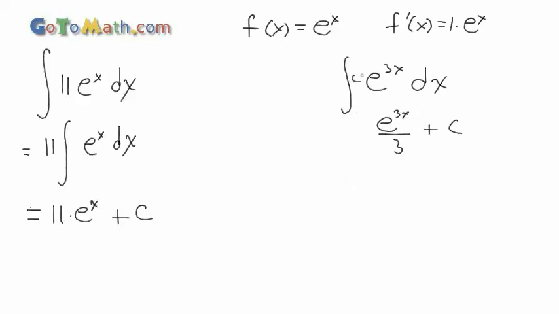Of course, if there was a number out front, you would keep it right here. But this only holds true if it's just a number times x. If this was squared, this is not going to work, and we'd have to use some other techniques. Only if the x is to the first power do you take that coefficient and put it down below. So that's what you've got to remember.